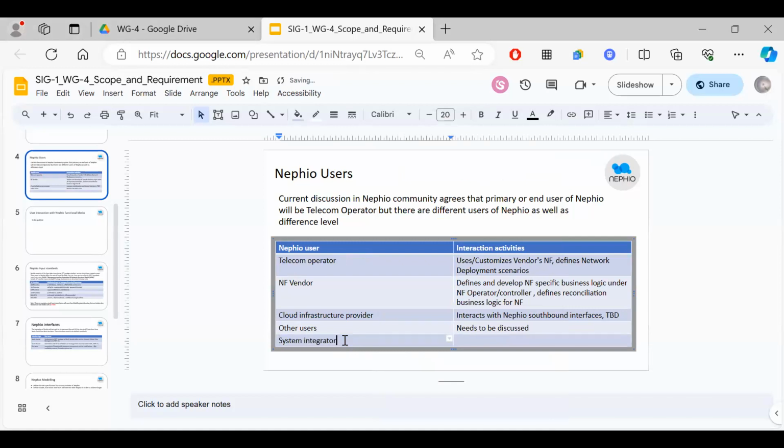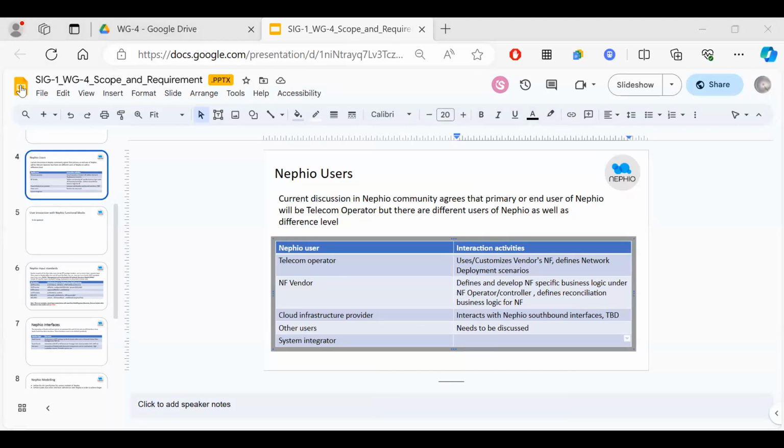I have examples, but I'm not going to name names here. Many telcos take the help of an SI, such as Accenture, Capgemini, NEC, or IBM.